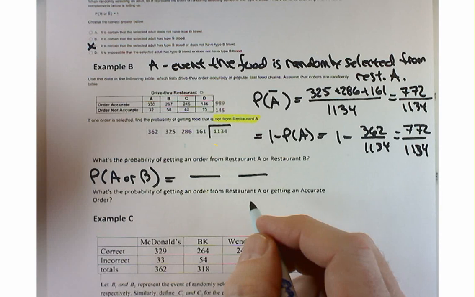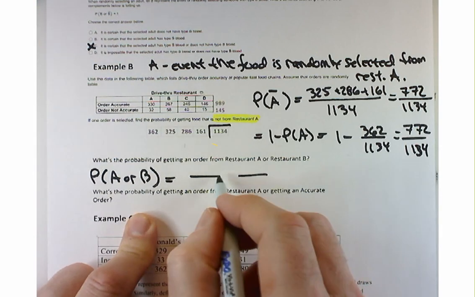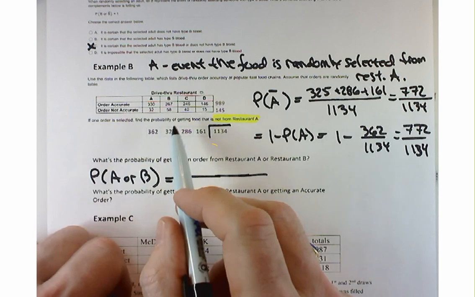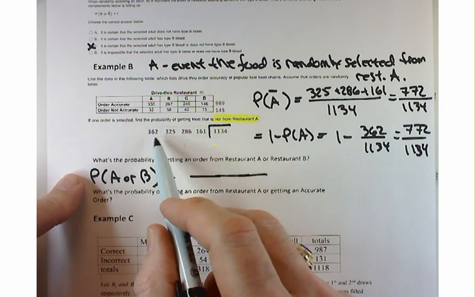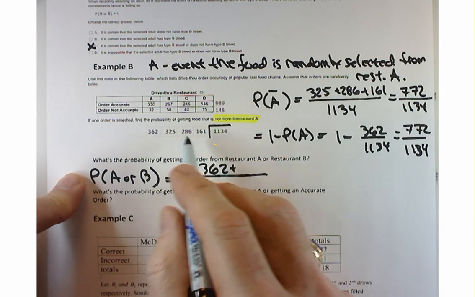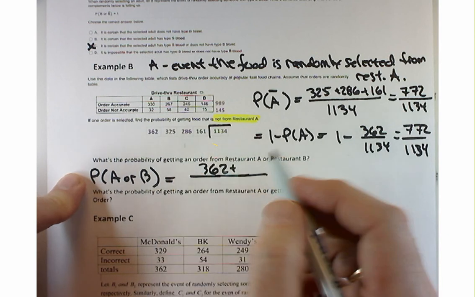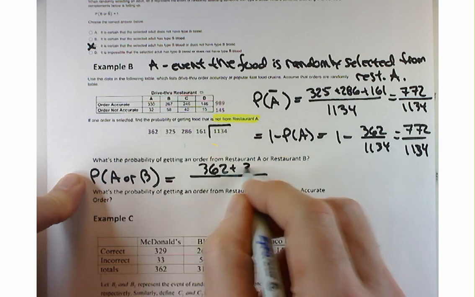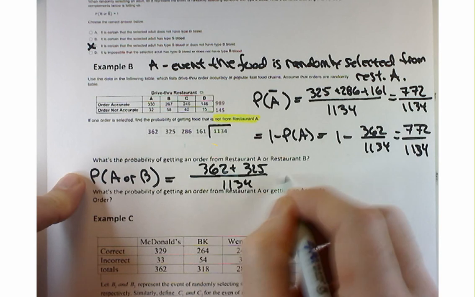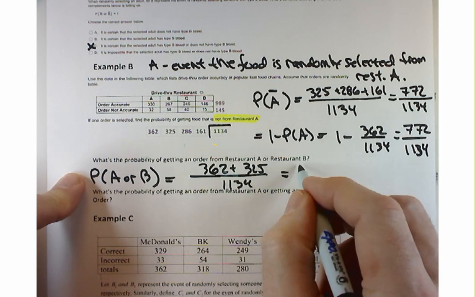Oh, well done. So in terms of the number of possibilities, you could do it like this. There's 362 choices for restaurant A plus 325 for restaurant B over 1134. So 687.